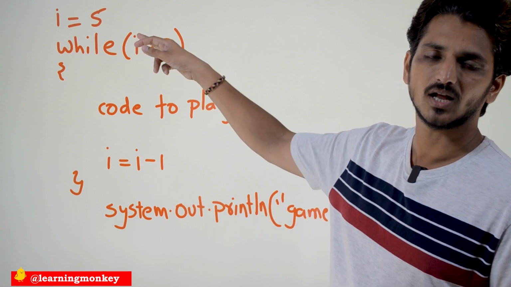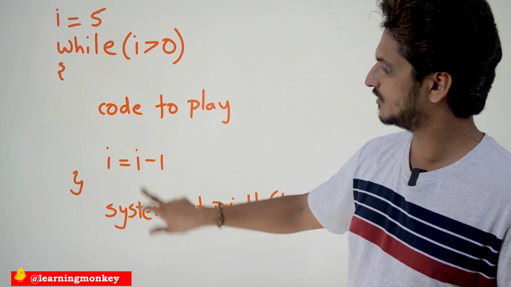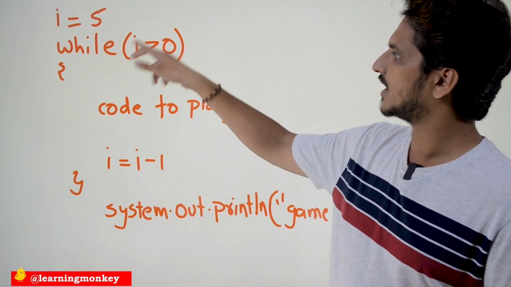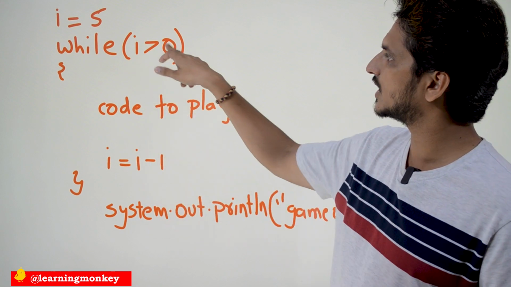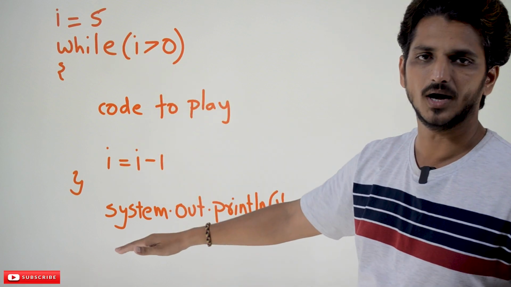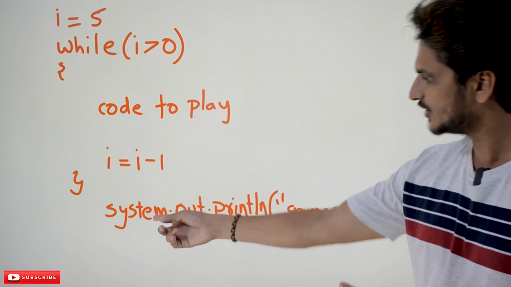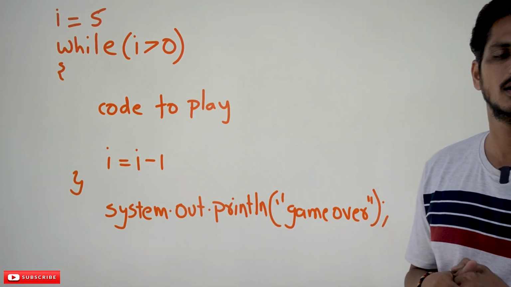Again check the condition, 4 greater than 0, again play the game. After 5 times, 0 greater than 0, no, false, it will come out of the loop and execute System.out.println of game over.